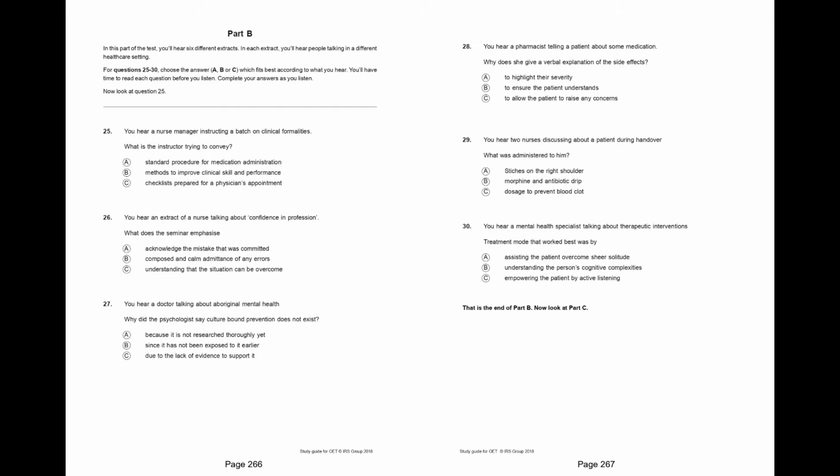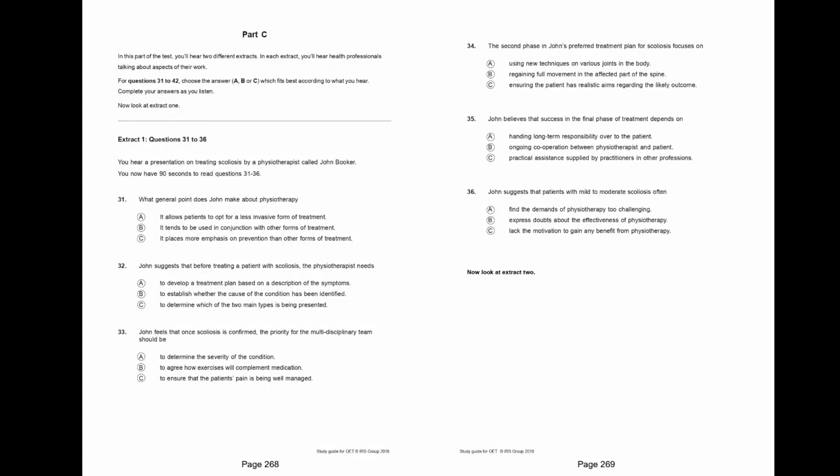That is the end of Part B. Now look at Part C. Part C. In this part of the test, you'll hear 2 different extracts. In each extract, you'll hear health professionals talking about aspects of their work.